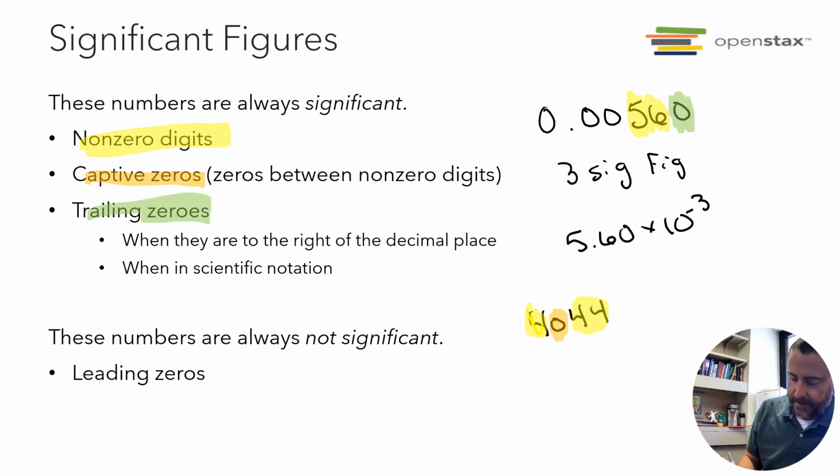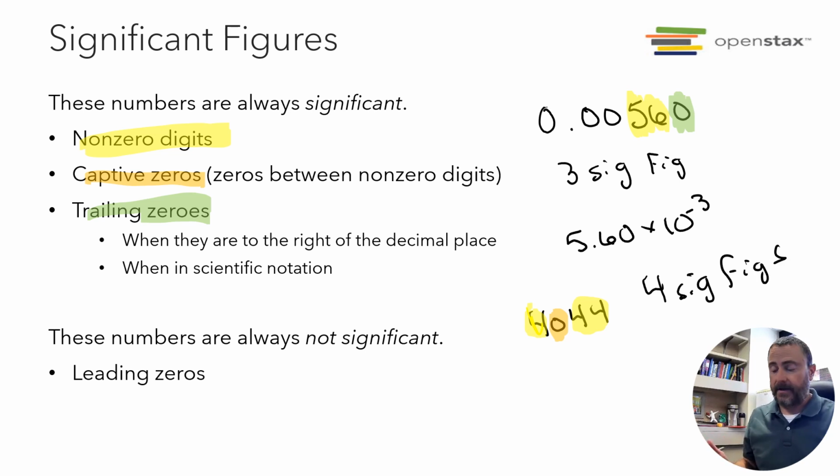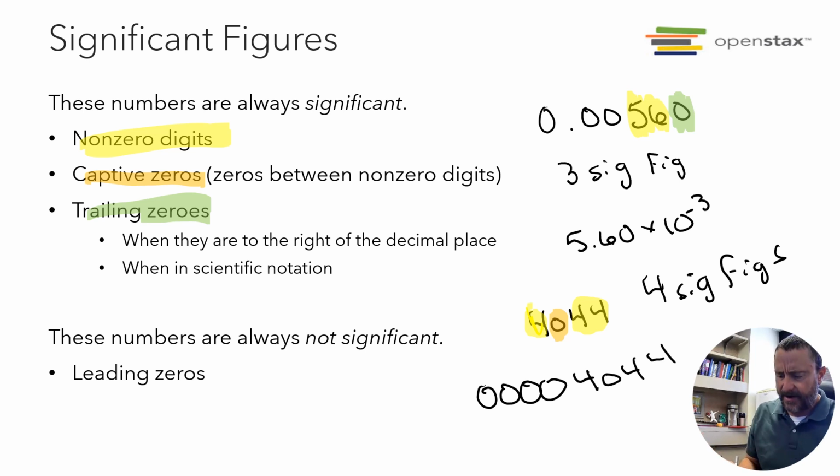So this has 4 significant figures. The same idea though, you don't ever write numbers like that with leading zeros. That's why those leading zeros don't mean anything and they're not significant.